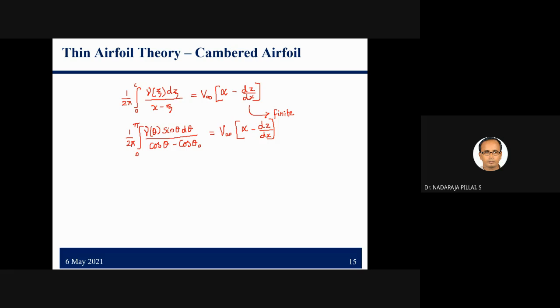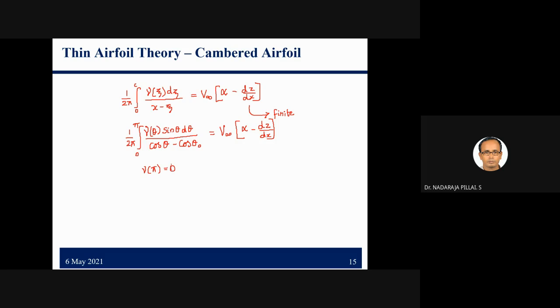Now, as usual, we wish to obtain the solution for gamma of theta, and that has a certain condition: gamma of pi should be equal to 0, right? Again, the solution for gamma of theta will make the camber line a streamline of the flow.